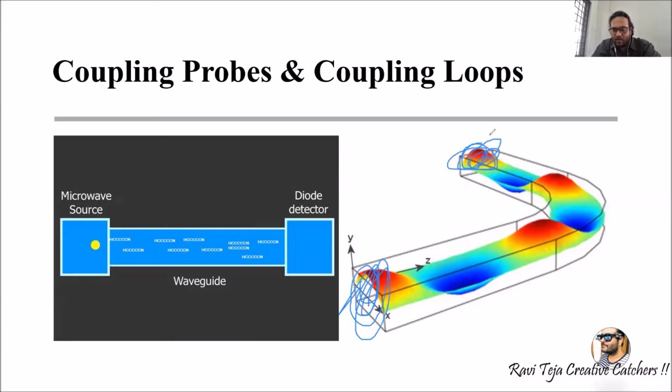If these two are closed, where it has got a hollow space, can I consider this metallic tube with two closed ends as a cavity resonator? Yes, right? Any metallic tube or any tube with a hollow space in it and closed at two ends, this is one end and this is another end, can be considered as our cavity resonator.